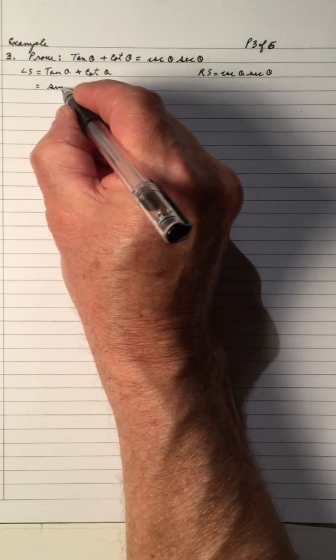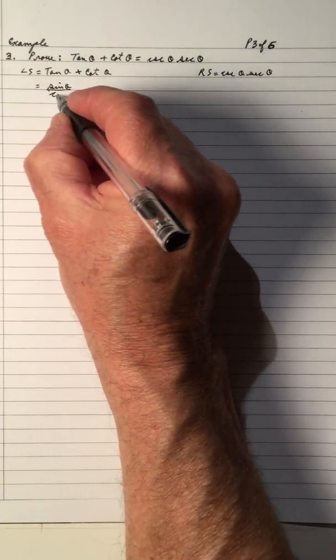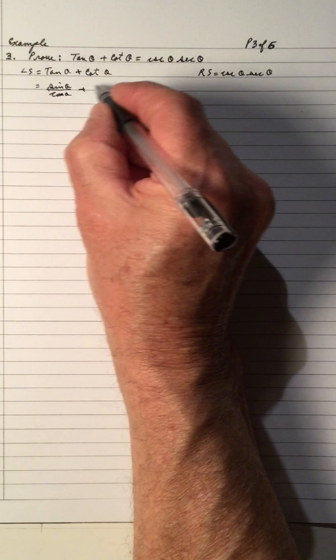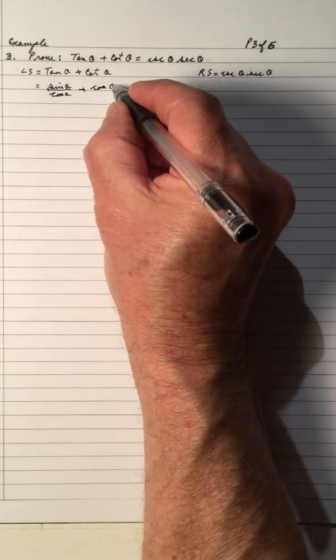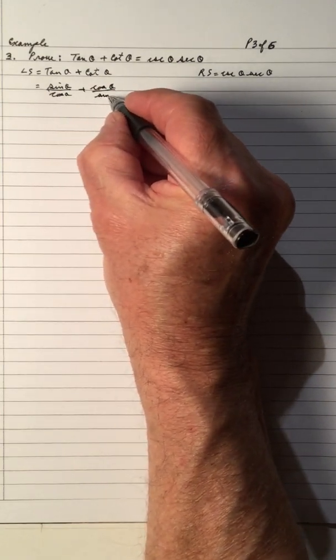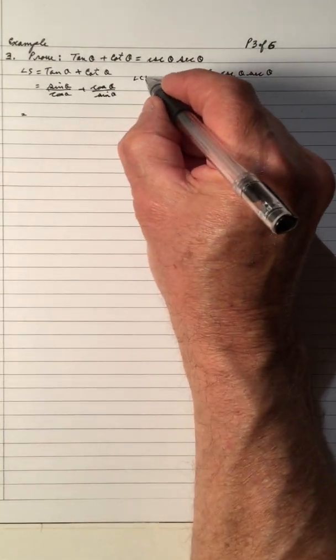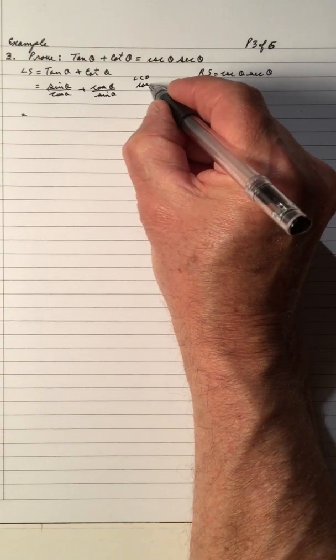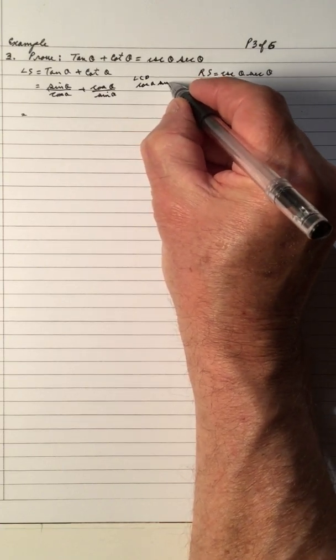Tan is sine over cos. Cot is cos over sine. And because we're adding fractions, we need a common denominator, and the common denominator is cos times sine.